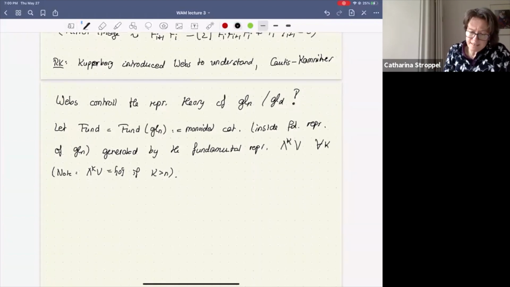And so what is this concretely? The objects of this fundamental category, this Fund category, are just tensor products of such guys.